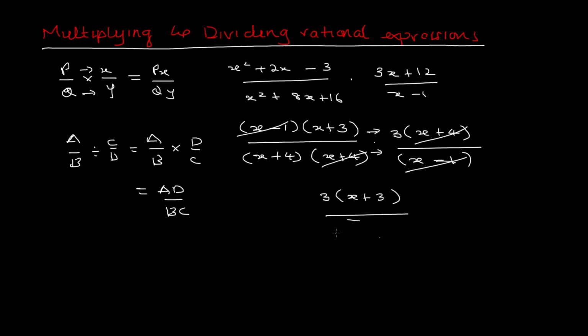And then at the bottom here, we can say that it's x plus 4. I can now leave it in this format, or I can expand this over x plus 4, like that.